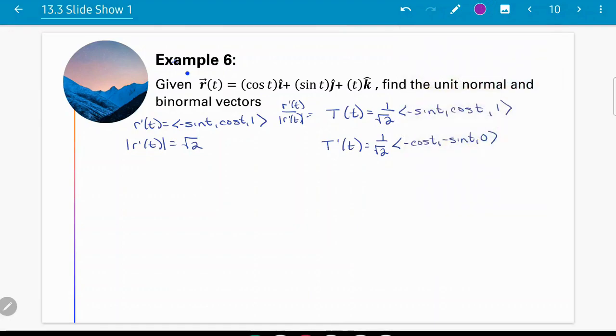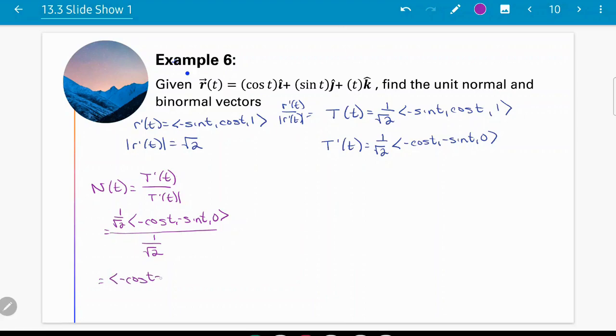So now let's find our unit normal vector, which is T'(t) over the magnitude of T'(t). So N(t) is going to be 1 over square root of 2 times negative cosine t, negative sine t, and 0, over 1 over square root of 2, which gives us simply negative cosine t, negative sine t, and 0 as our unit normal vector.